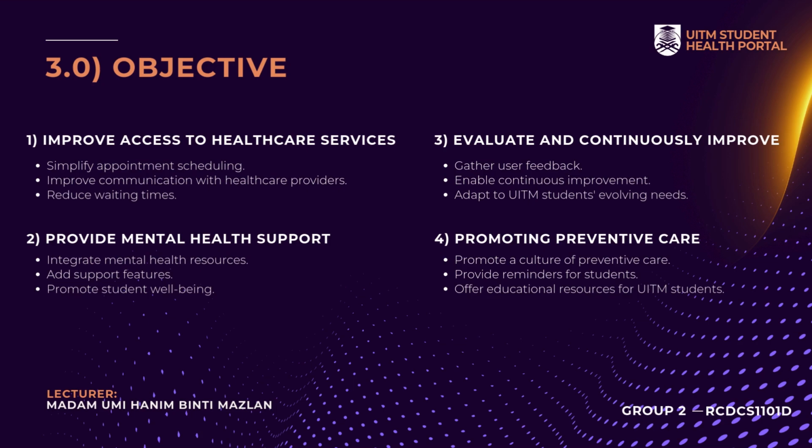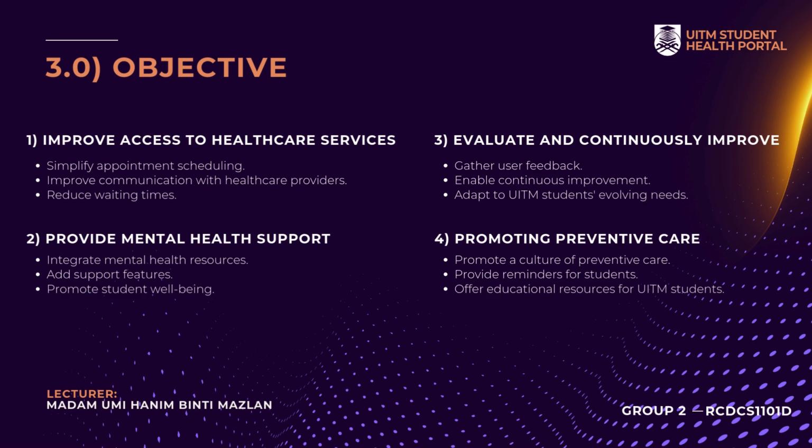Hi, I'm Afif, and today I will explain to you the 3.0 objective. For number one, improve the access to healthcare services: simplify the appointment scheduling, improve the communication with the healthcare provider, and reduce the waiting time. For number two, provide the mental health support: integrate the mental health resources, add the support feature, and promote the student well-being.